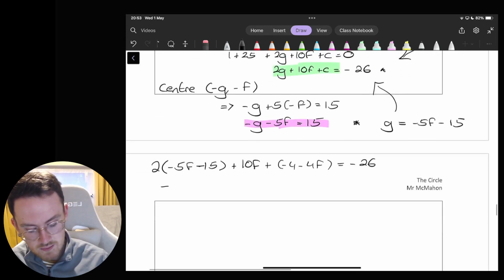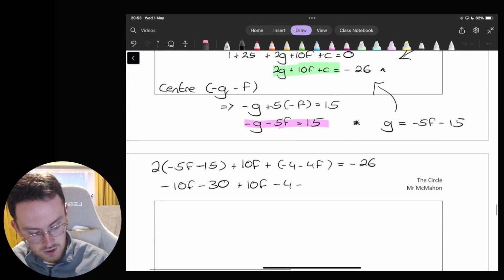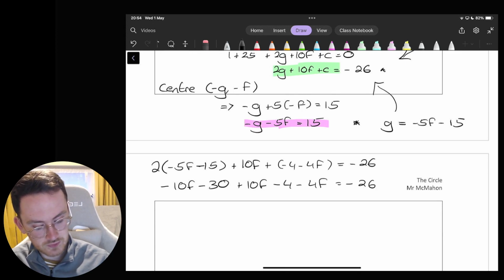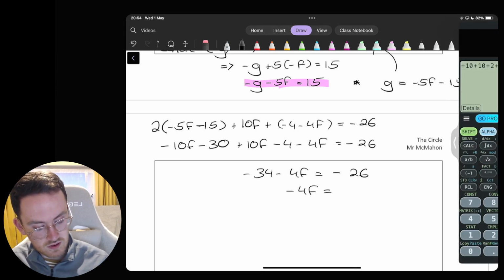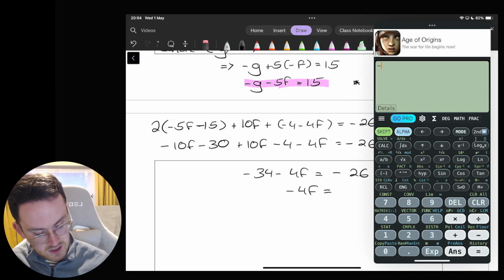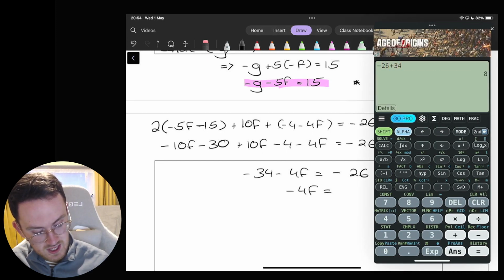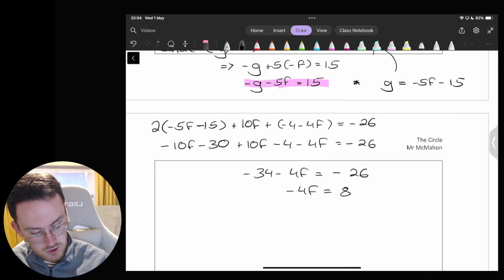So that's minus 10f minus 30 plus 10f minus 4 minus 4f equals minus 26. Minus 34 minus 4f equals minus 26. Minus 4f equals 34 minus 26, which is 8.